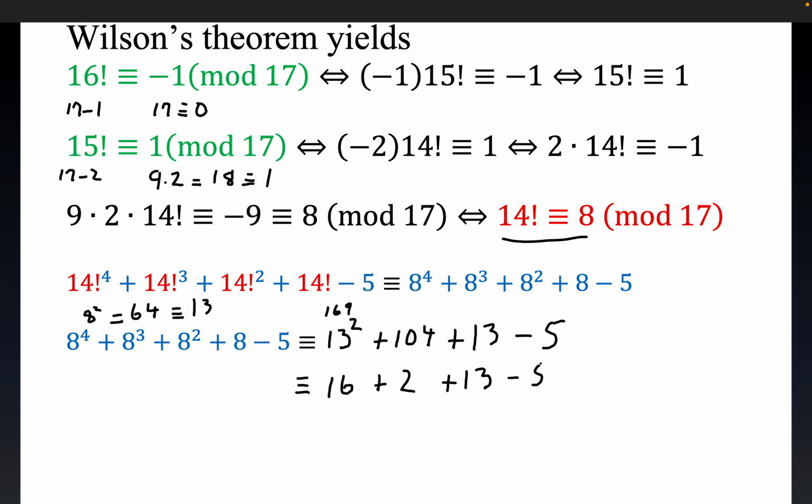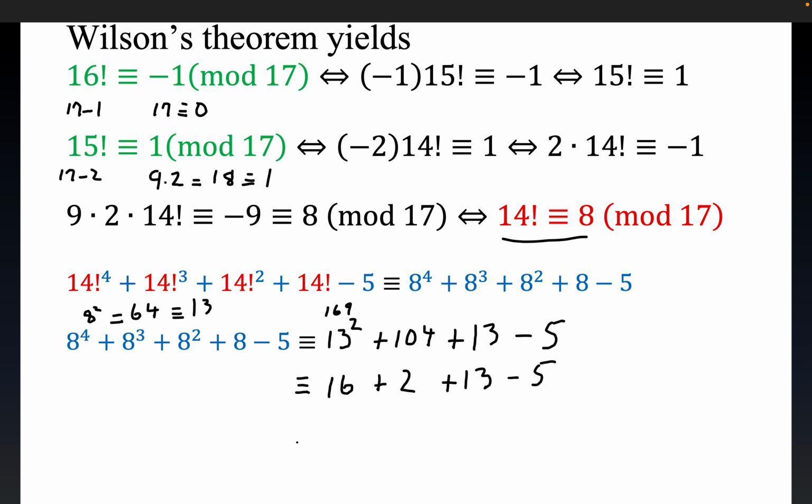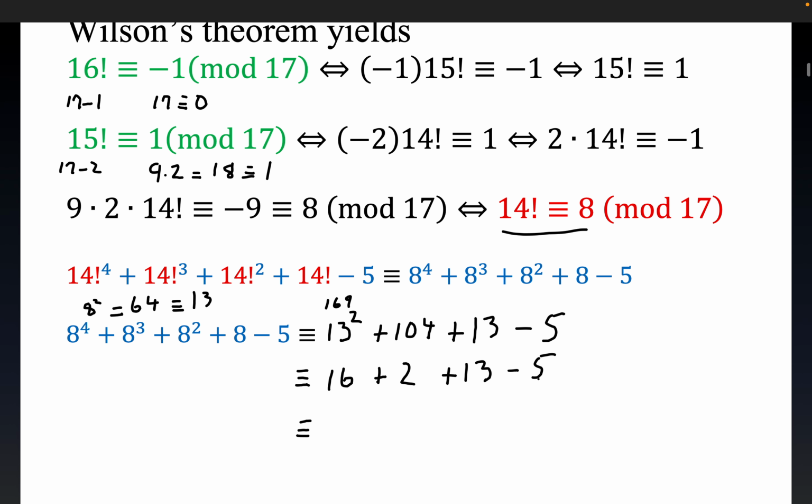Now all of this is congruent to, let's see, 16 plus 2 is 18. 18 plus 13 is 31. And then you get 5 right here.